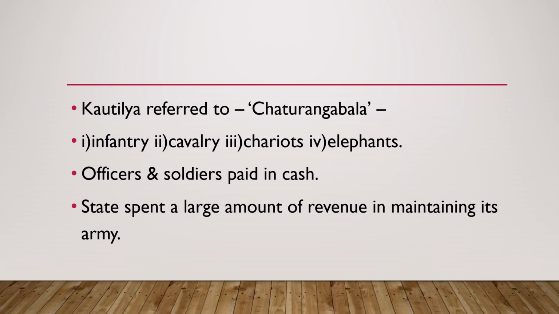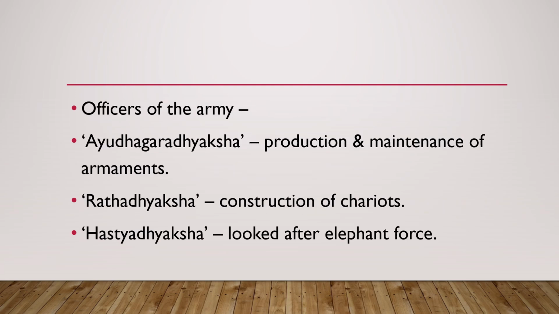The state, in fact, spent a large amount of revenue in maintaining its army. Officers of the army included Ayudh Garadhyaksh, who looked after production and maintenance of a variety of armaments. Rathadhyaksh looked after the construction of chariots, and Hastyadhyaksh looked after the elephant force.